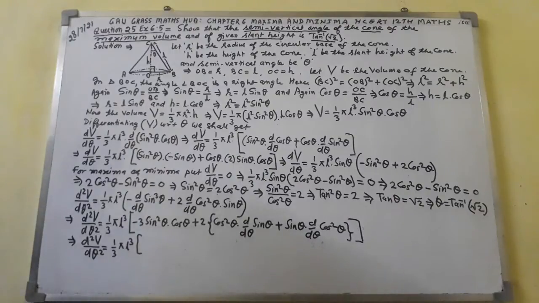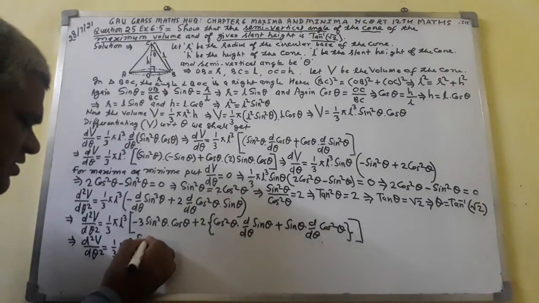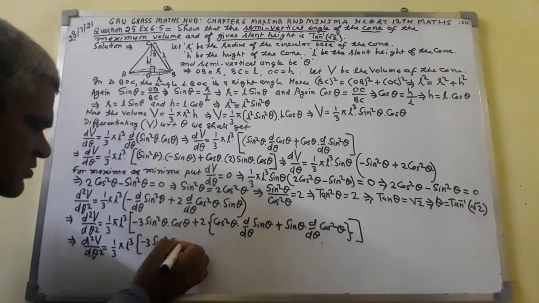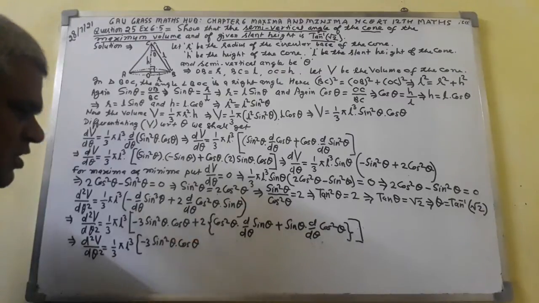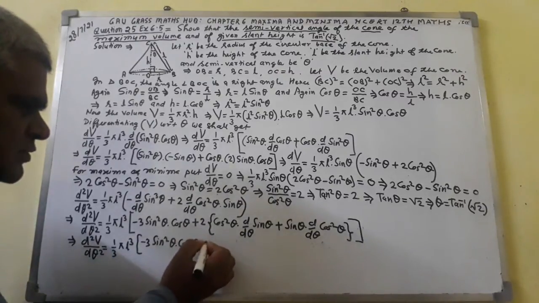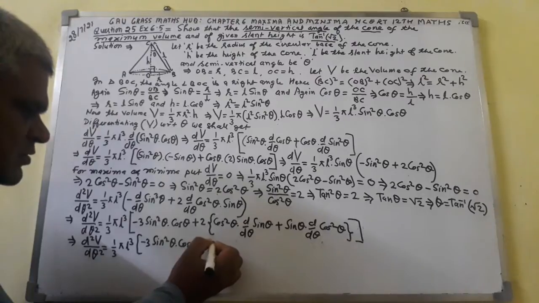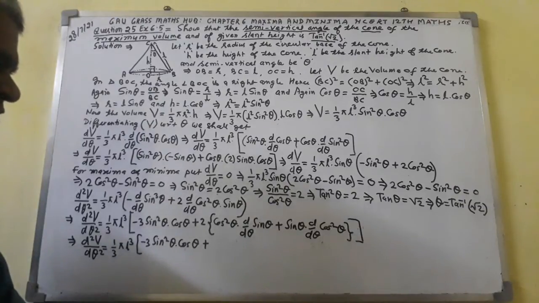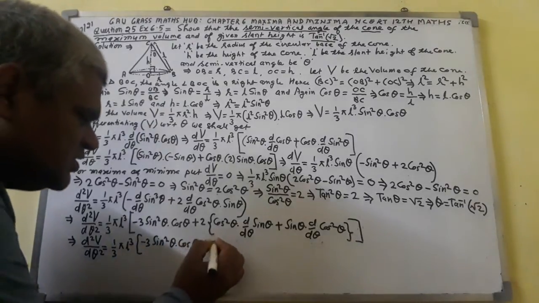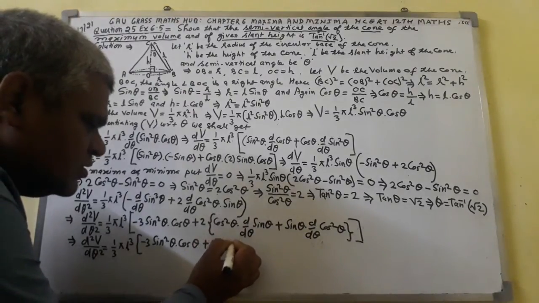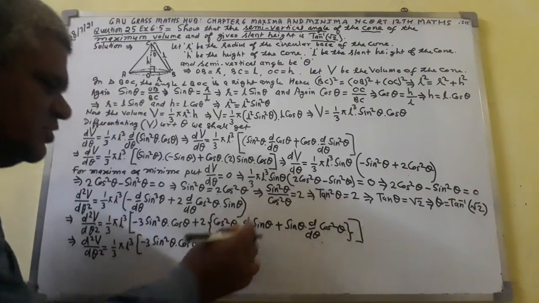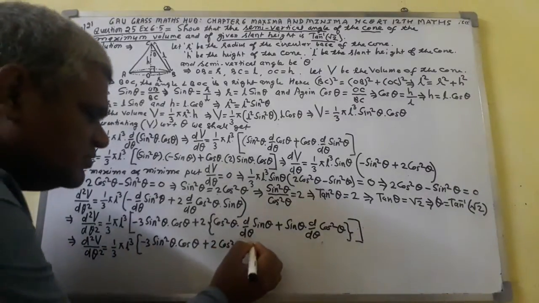Here the same thing will be written, minus 3 sin square theta dot cos theta plus, these two will enter inside. So you will get here 2 cos square theta dot d over d theta of sin theta comes out to be cos theta.